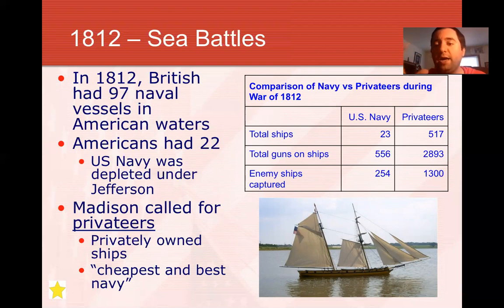You've got to think, if they have 97, how many does the U.S. have? The U.S. has a total of 22 at the time. So it's clear, math friends can take a look there, that you have a sheer difference of 65. That's a vast difference. What happened here?